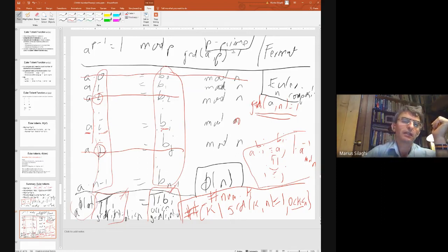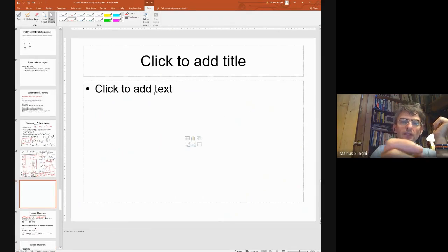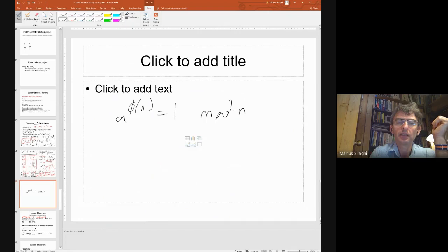And that's Euler's theorem. So it's a generalization of Fermat's theorem that states what I just mentioned, namely with Euler's theorem we have a at power Euler totient of n equal to 1 mod n, but only with the condition that we have just seen.